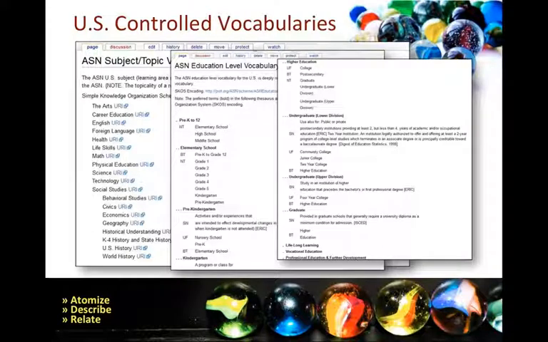And we see US education levels, so that we can uniquely identify a node as pertaining to grade 4, or undergraduate lower division, or postgraduate. So these vocabularies are machine encoded so that they can be assigned to these descriptions and provide us with relationships between resources based on these characteristics as well.